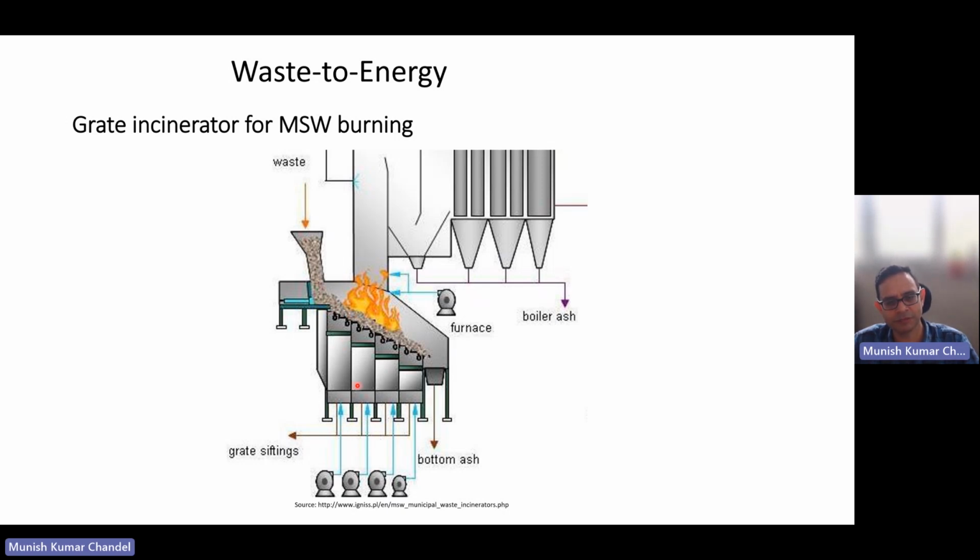You pass air from the bottom so that the combustion or oxidation of waste takes place here, and the flue gases go out through different air pollution control devices. So this grate incinerator is one of the technologies widely used for the treatment of municipal solid waste.